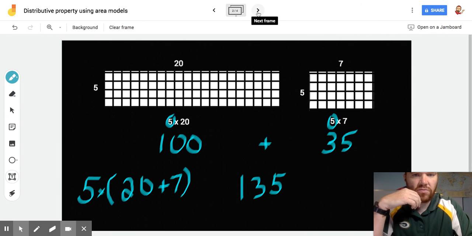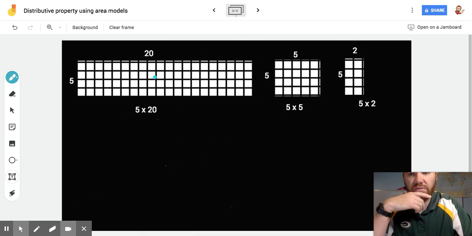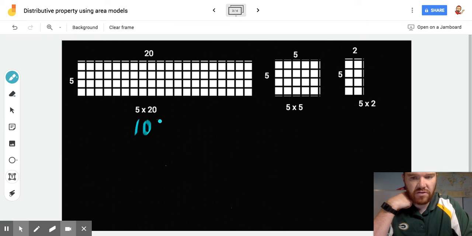So I'm going to show you one more example here. Okay. So I could also break it up by doing 20, 5, and 2. That would break up 27, right? 20 plus 5 plus 2. Okay, 5 times 20, we've gone through already. We know that it's 100. 5 times 5 is 25.